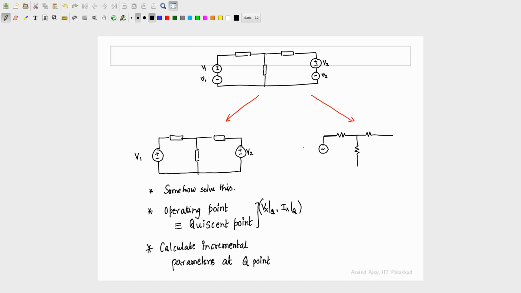So that's your step 1. And then in step 2, you basically replace the elements, which are the nonlinear elements, by some linear versions of them. They could be, for example, some resistors. And you then work only with the small signal circuit.